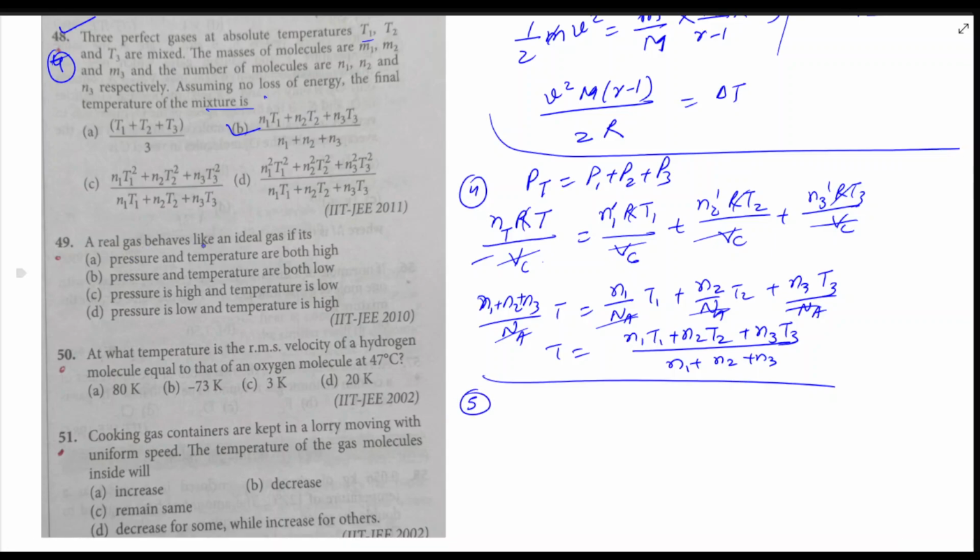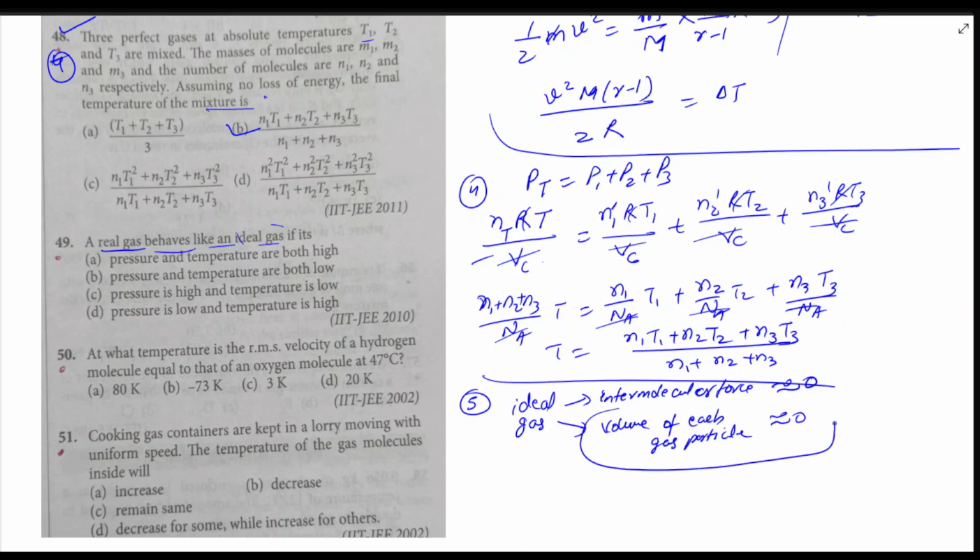So a real gas behaves like an ideal gas if its pressure and temperature are such that... Okay, perfect. So we know what an ideal gas is. There were some assumptions for an ideal gas. One was that intermolecular forces must be zero, negligible, and the volume of each gas particle should be nearly zero.